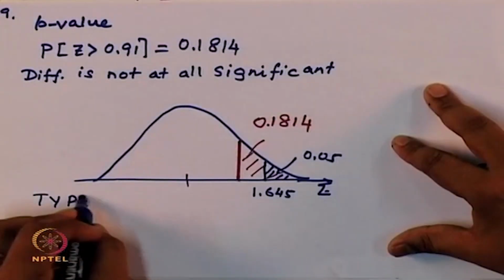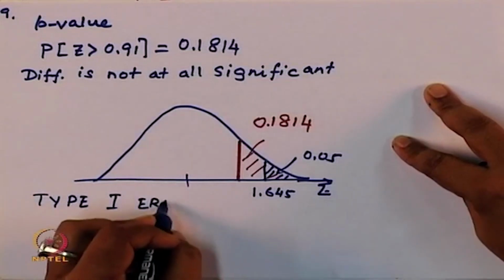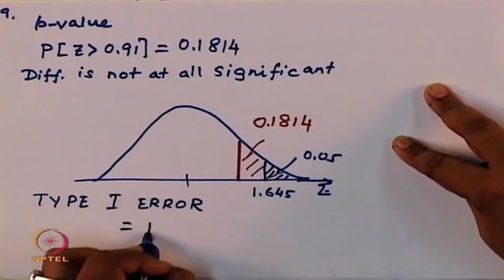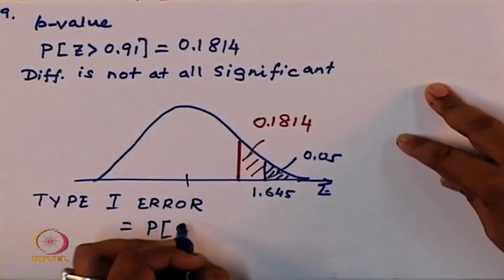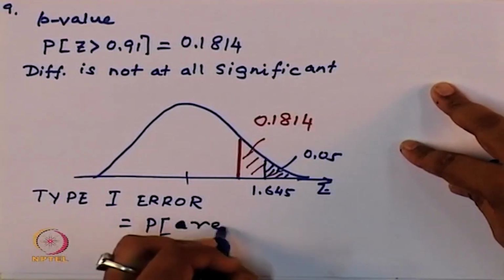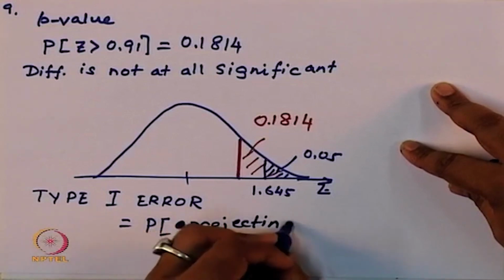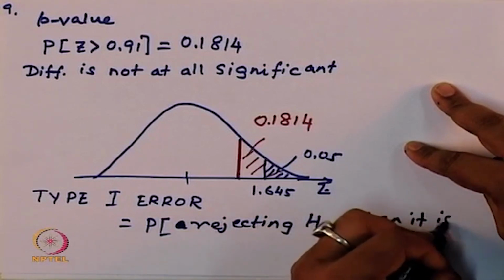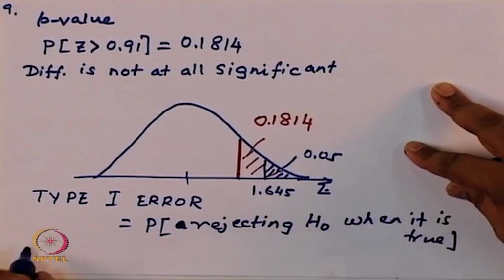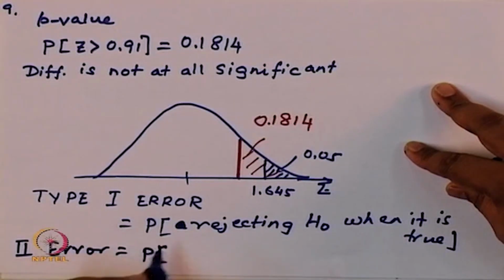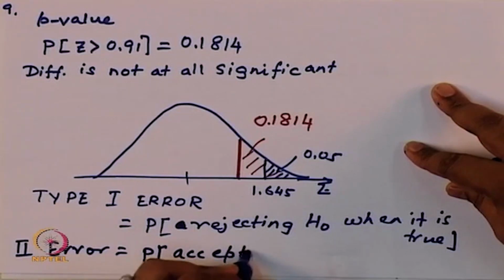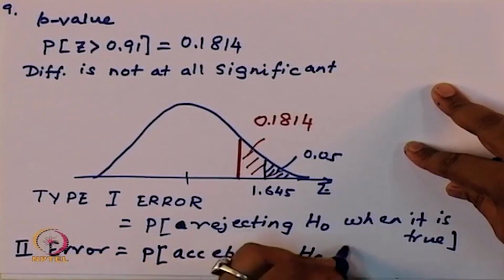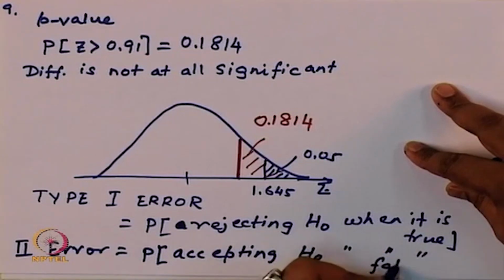We call them either the type 1 error, which is the probability of rejecting H naught when it is true, or the type 2 error, which is the probability of accepting H naught when it is false.